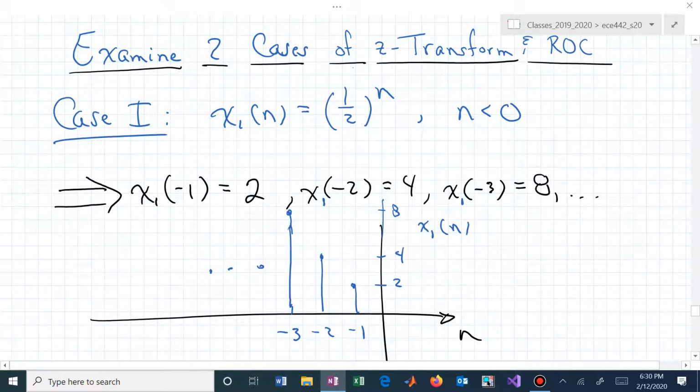So now, what's the time behavior of that x sub 1 of n? How is it behaving? As n marches off to the left, as n gets more and more negative, what's happening to the value of x sub 1 of those values of n? It's exponentially going unbounded, isn't it? It's going unbounded. Does it have a z transform?